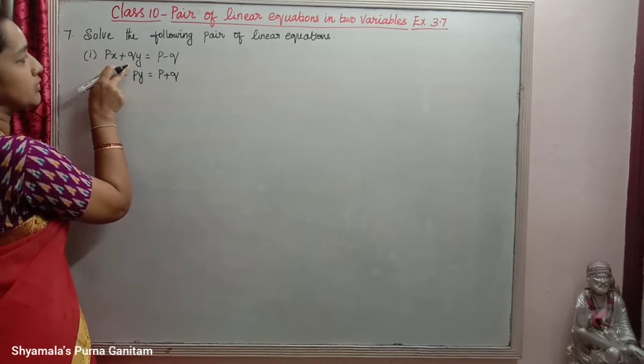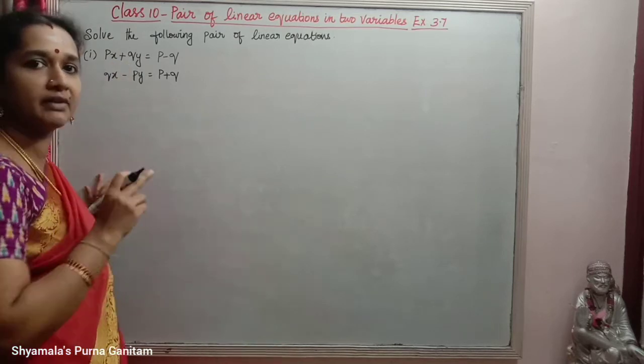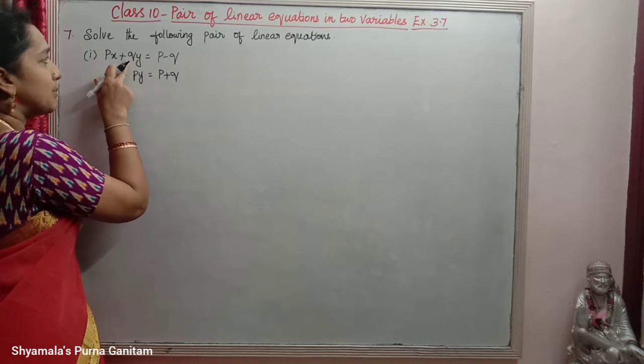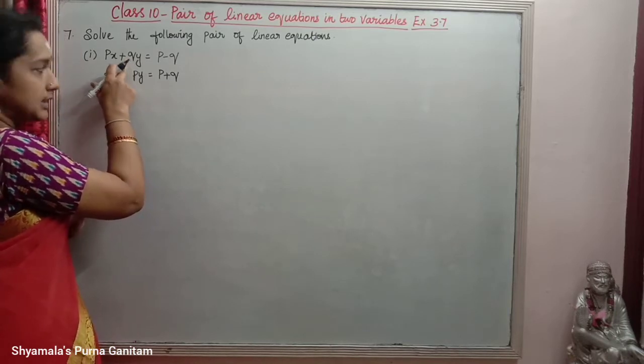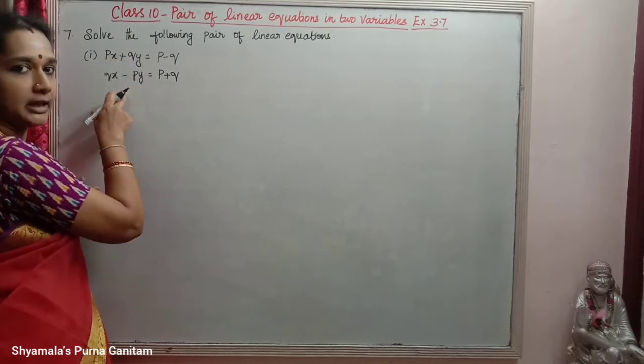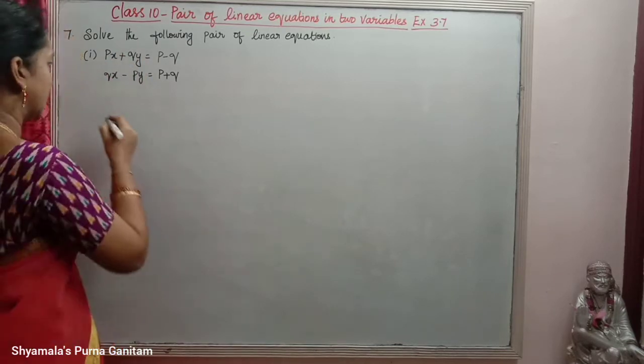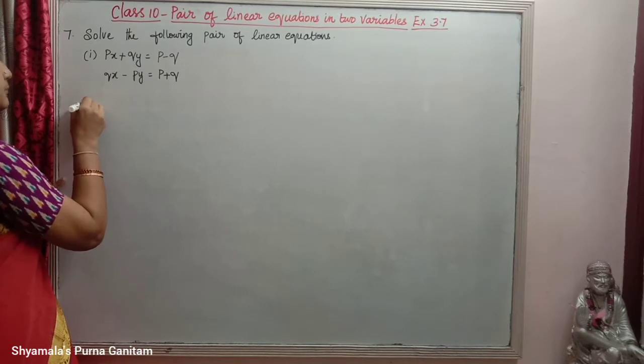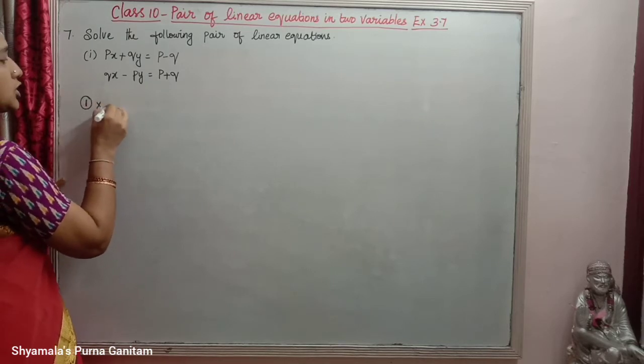So first equation we are having qy, second equation we are having py. So if we multiply the first equation by p and second equation by q, we will get qp and pq. So that can be cancelled. So first equation into p.